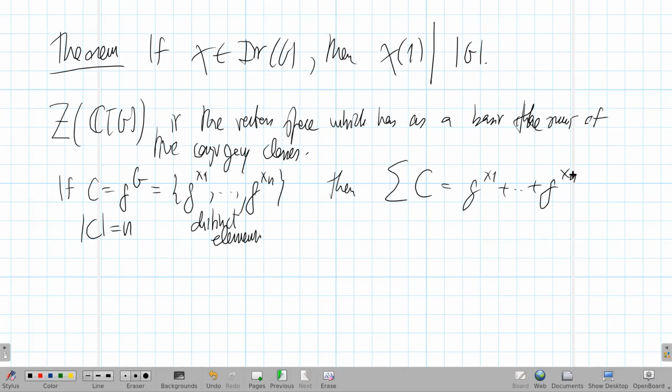Okay. So since this is a subalgebra of the complex algebra, if we take the product of two of these, C and D, two conjugacy classes, this will be a linear combination with complex coefficients of the sums of conjugacy classes, because this is a subalgebra with a vector space basis given by these sums.